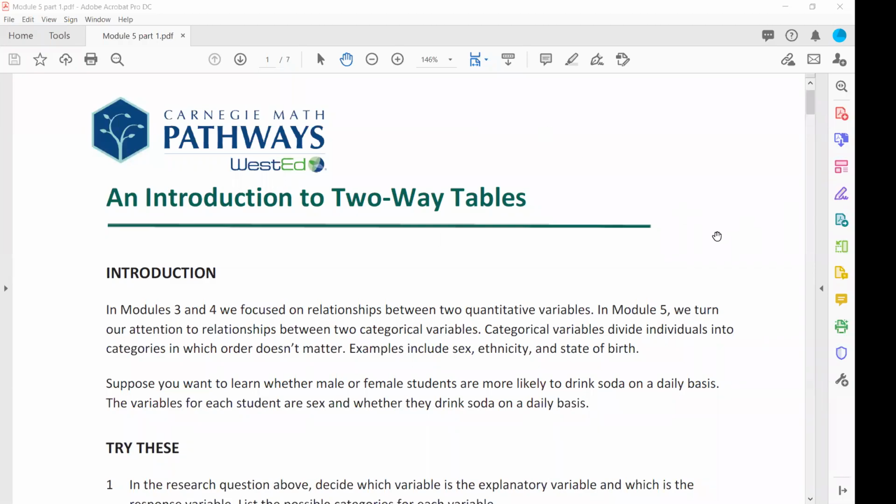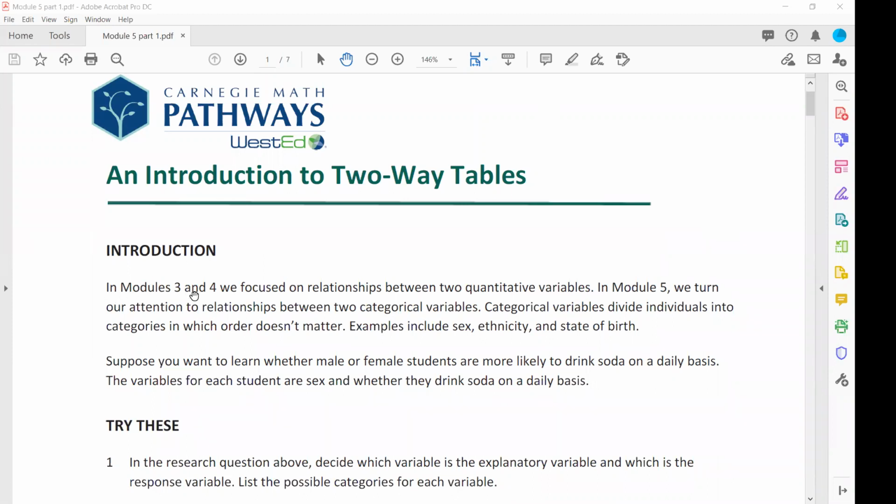Module 5, Introduction. In Modules 3 and 4, we focused on relationships between two quantitative, or numerical, variables. In Module 5, we turn our attention to relationships between two categorical variables, like hair color, eye color, blood type, and so on.